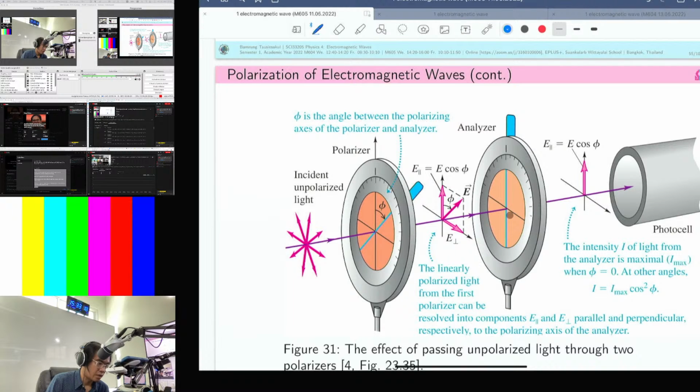And this one is arranged in the same way as the polarizing axis, right? It's straight upward. So this component will be able to transmit through this filter, and that's why we get this component. This component is called E cosine theta, but we have decomposed E here first to be E, right?